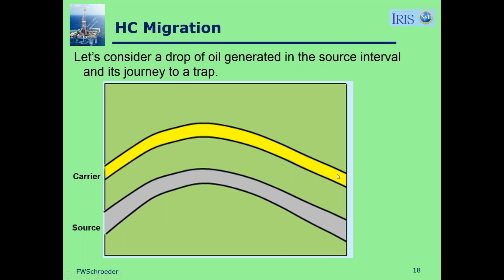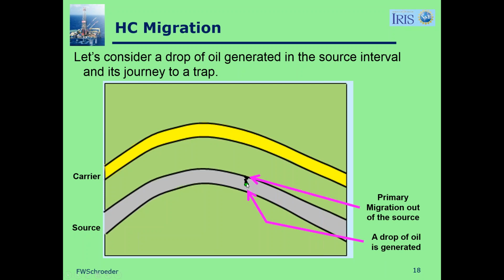I have a carrier bed, so think porous and permeable. I have a source bed with organic matter percentage and organic matter type. If I generate a drop of oil within the source, through buoyancy it's going to try to get to a higher location, the lower pressure location.